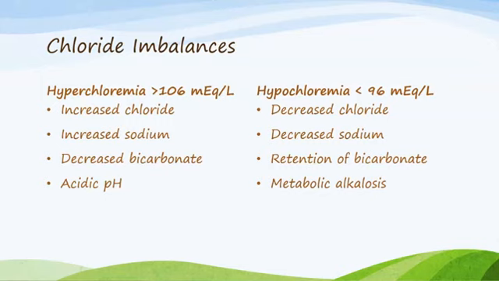When you think about a patient who has an elevated chloride level and you're wondering what the clinical manifestations or assessment findings are going to be, I want you to imagine the assessment findings you would see with a patient who has metabolic acidosis, because those are the similar findings that will be present.